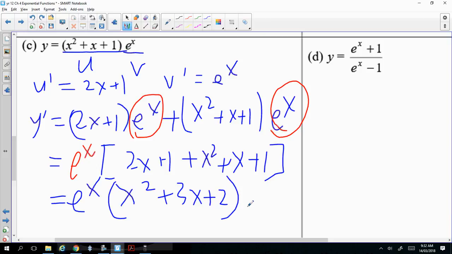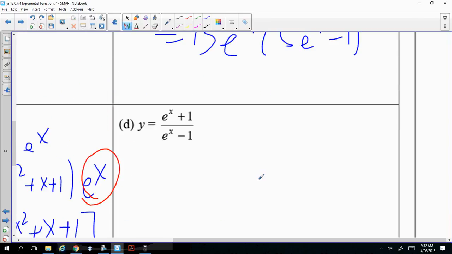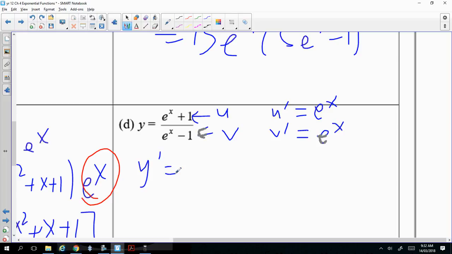Try using the quotient rule. So we're going to write U. That's your U. That's your V. So U dash equals e to power x. V dash is also e to power x. So Y dash is equal to U dash V minus U V dash over V squared. Like that.